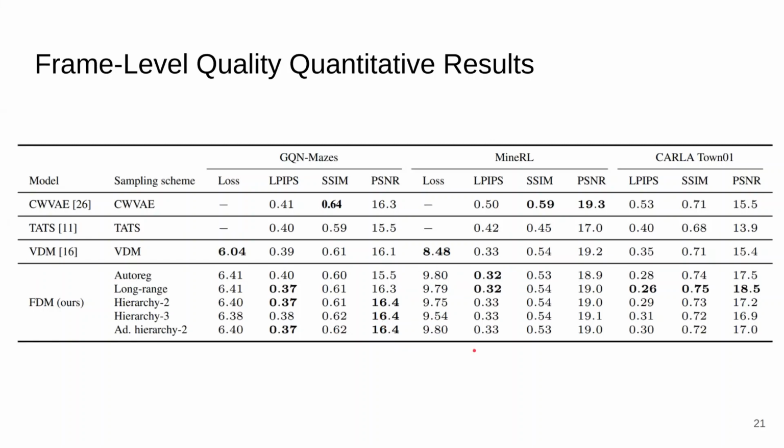They just affect what frames are generated, but they're still, I guess, similar in quality. And the CWVAE beats out in SSIM and PSNR, but the authors state that this is because these are more blurry, and these metrics favor blurry images that are closer to the ground truth. Not too sure about this, but they showed these image level metrics.